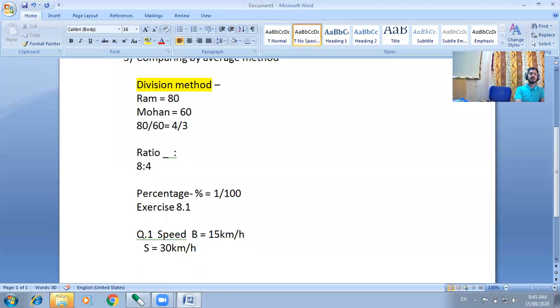How can we write it in the form of a ratio? By simply dividing. So write B to S, the speed of bicycle to the speed of scooter, equal to 15 to 30. See here, both have the same unit. So that is 1 by 2. And remember, at the end of the answer, a ratio has no unit.